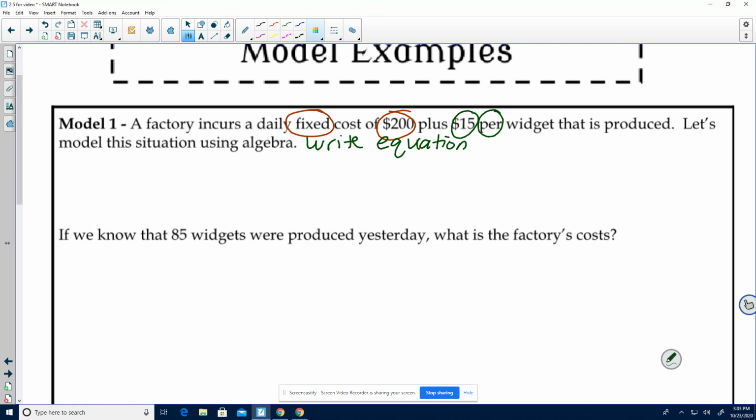Okay, so we need 2 let statements. I'm going to let W equal the number of widgets produced, and a widget is just like something, anything, a device. I'm not actually sure what a widget is, but it doesn't really matter. The number of widgets produced, and C is going to be total cost.